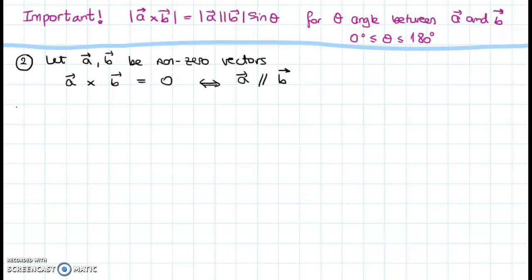If we have A and B non-zero vectors, we wish to prove that their cross product is equal to 0 if and only if the vectors are parallel. So let's look at this.